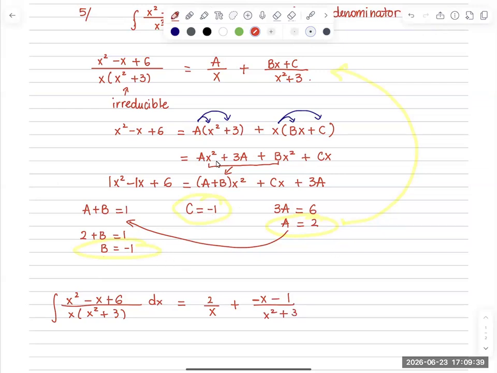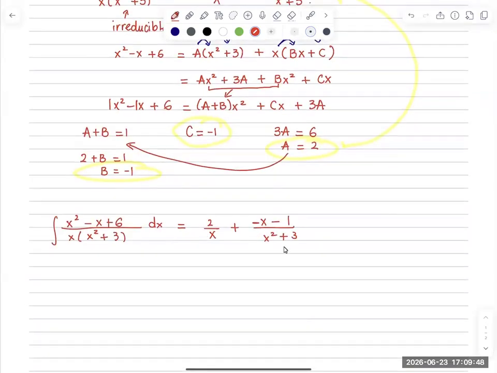I just replaced all these numbers for A, B, and C above, and this is what I get. Remember, when we do this type of problem, it's better to decompose this one as well, because u-substitution may not work for this. So I'm going to separate this one more time.